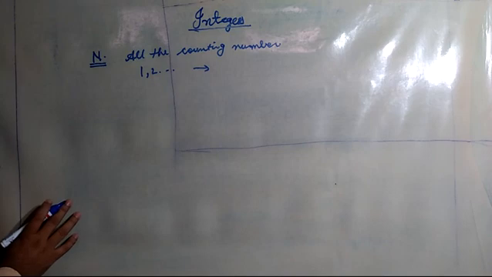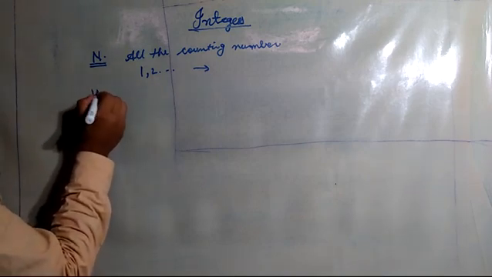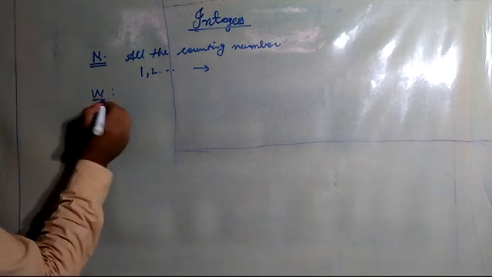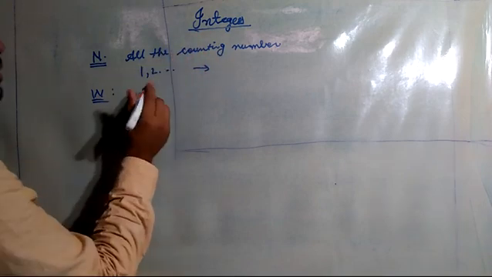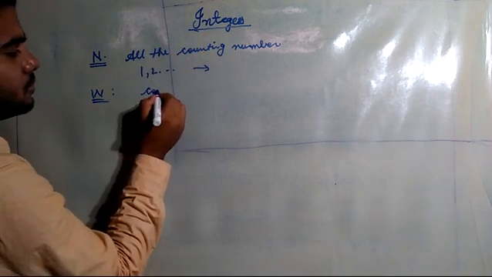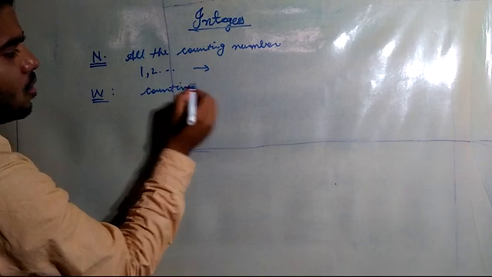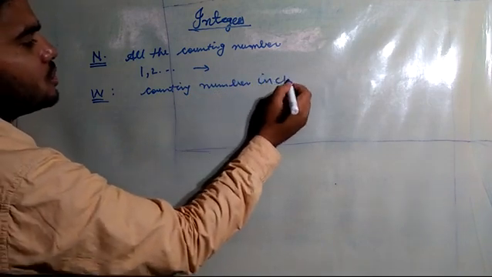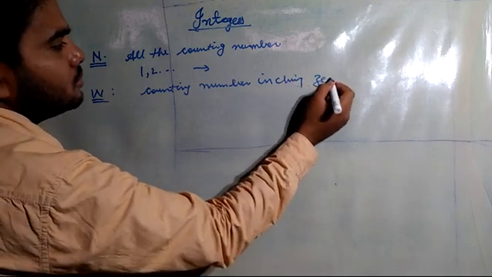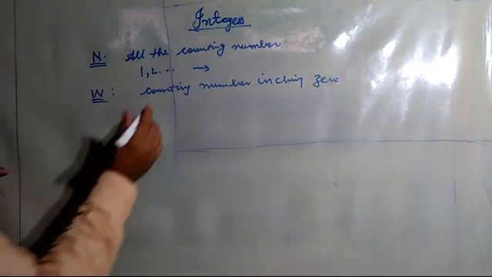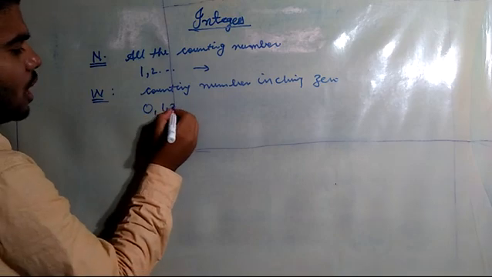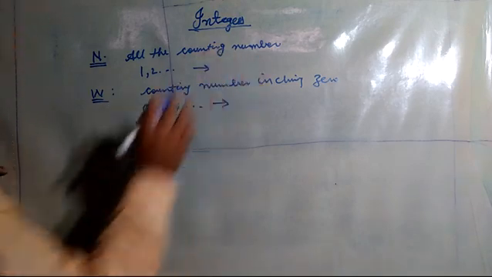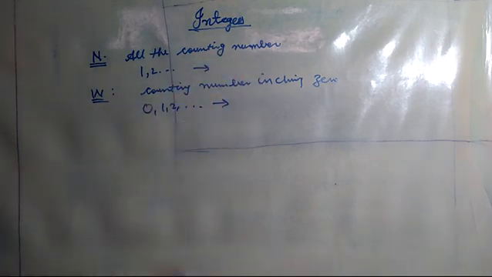These all are natural numbers. Now what is a whole number? Counting numbers including 0 are called whole numbers. That is, the numbers start from 0, 1, 2 and go up to infinity.